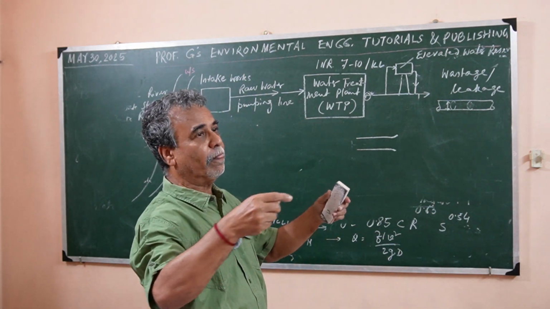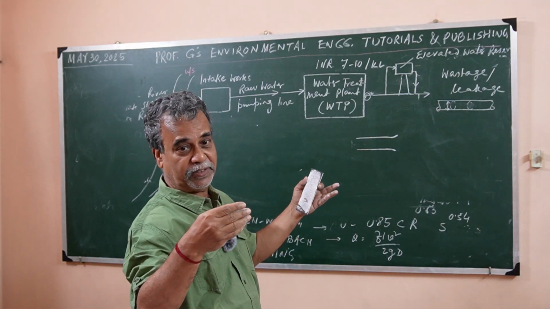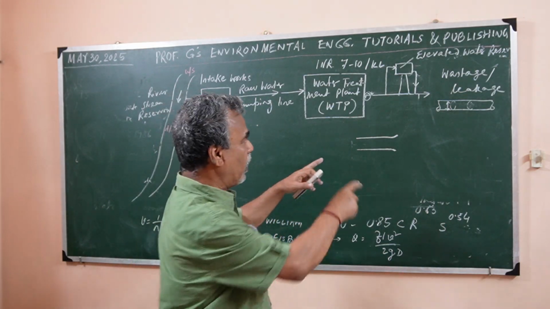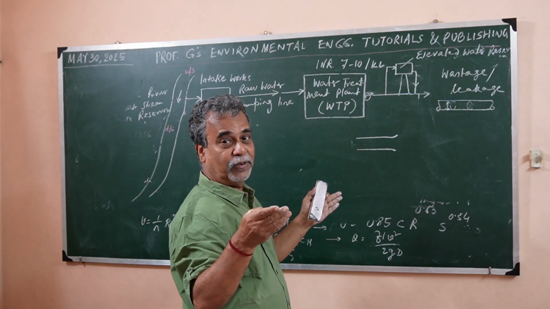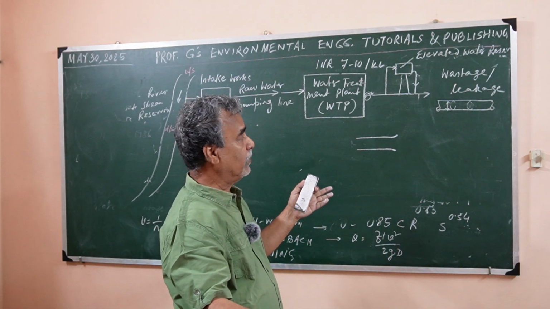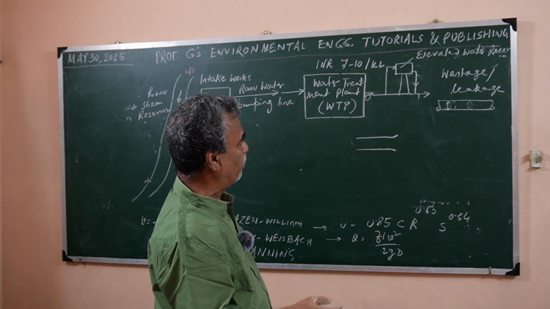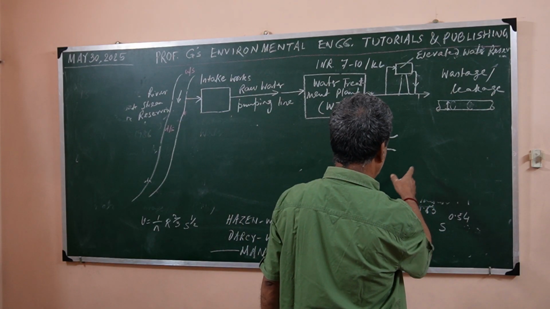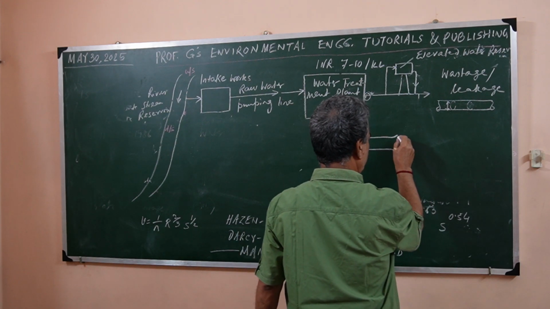Suppose you have to serve this population over a stretch of 5 kilometers, maybe 10 kilometers or so. But one pipeline will not be like that. The pipe has a specific length, which you will get in the manual, and by discussing with the manufacturer also. Normally 20 feet or so. But I am not coming to this issue.